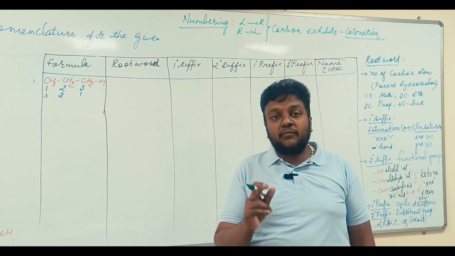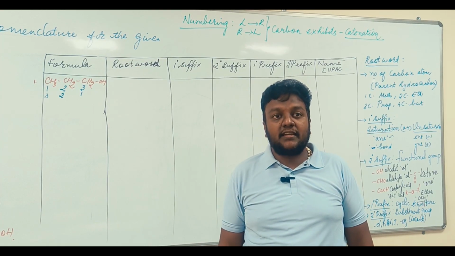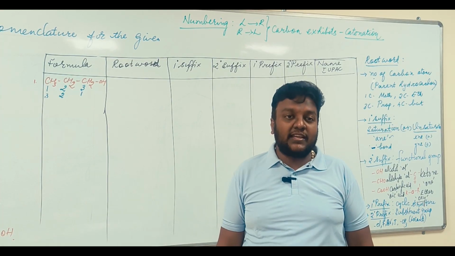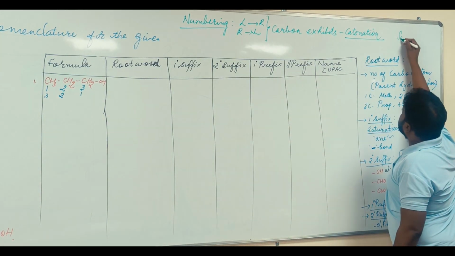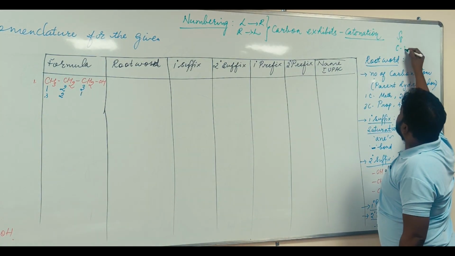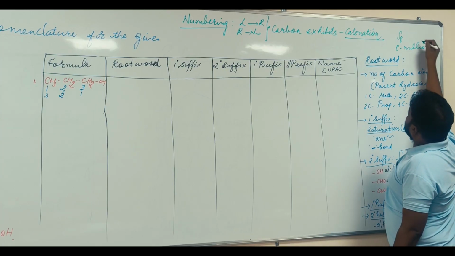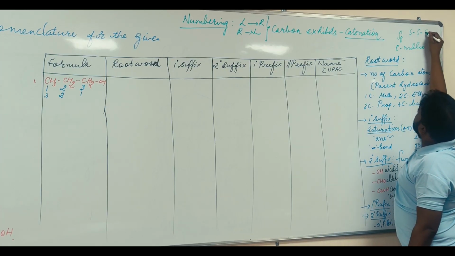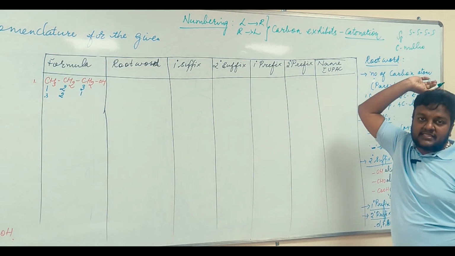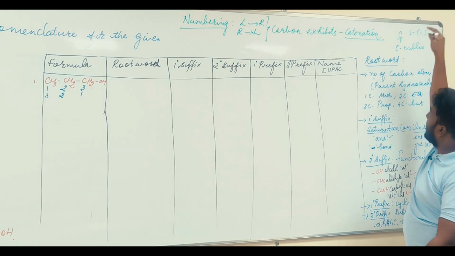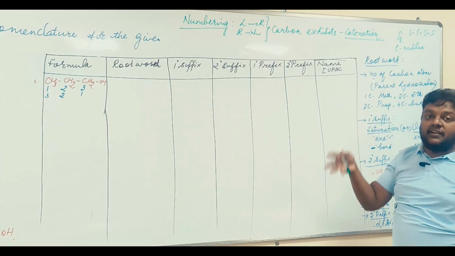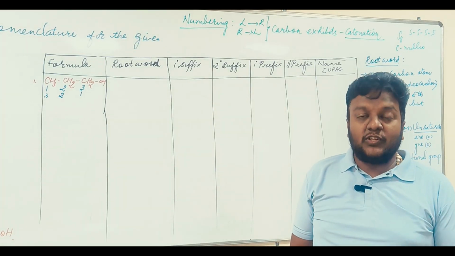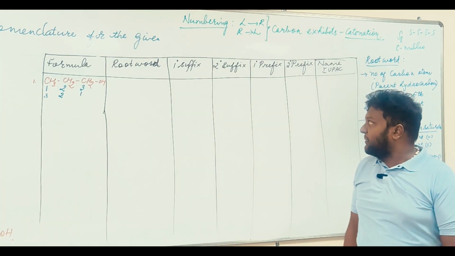Other than carbon, which element also exhibits catenation? Sulfur also exhibits catenation. Sulfur can exist as S8, but carbon links in millions. S8 means S can link only up to 8 times, whereas carbon forms linkages with millions and trillions of carbon atoms. That is what we call the catenation property.